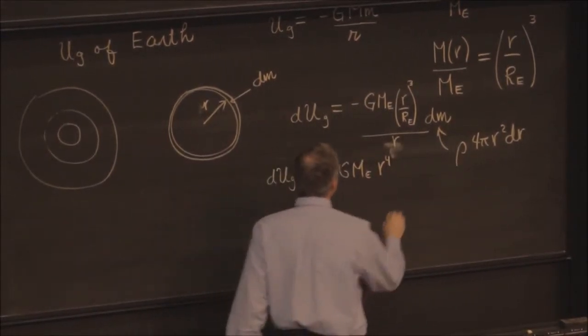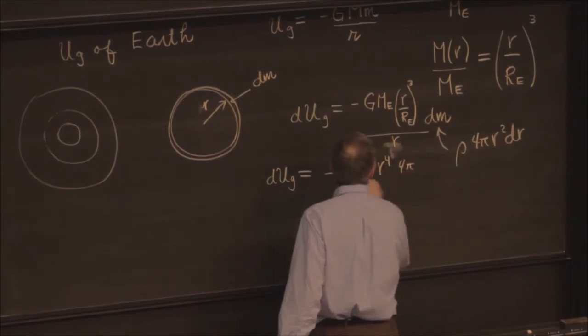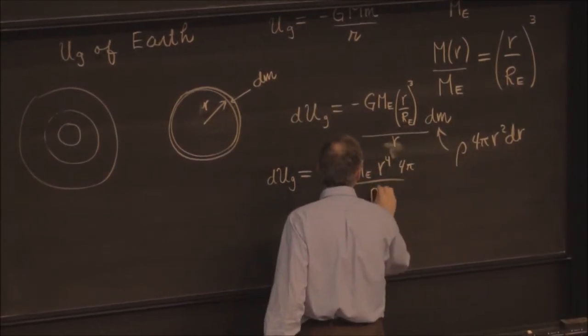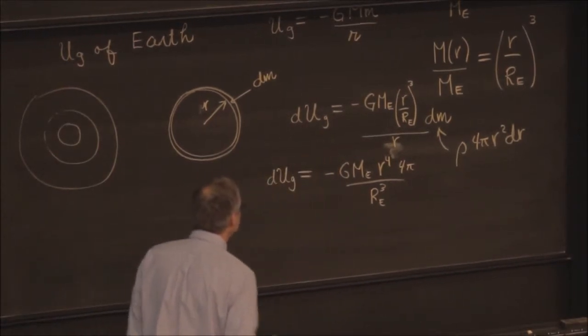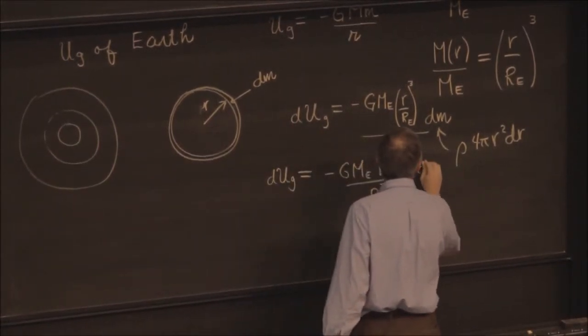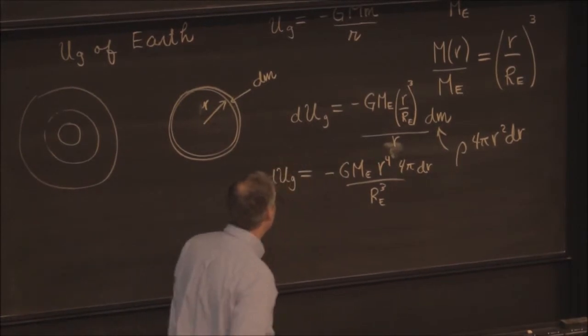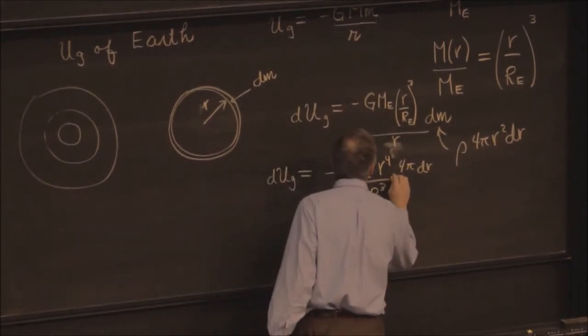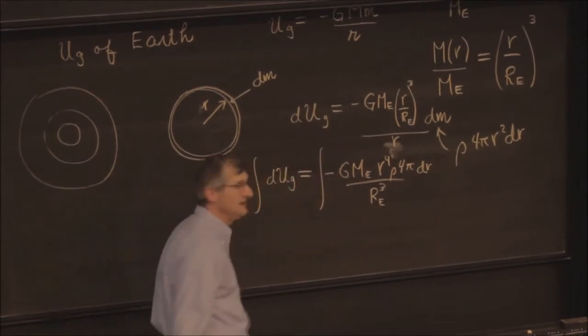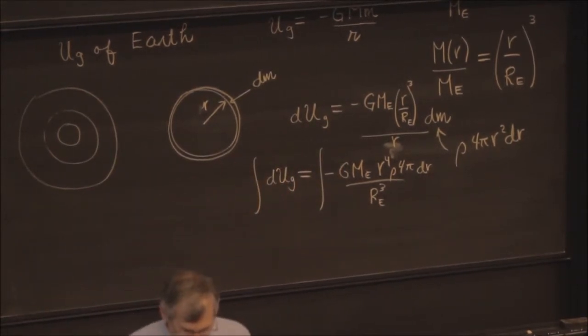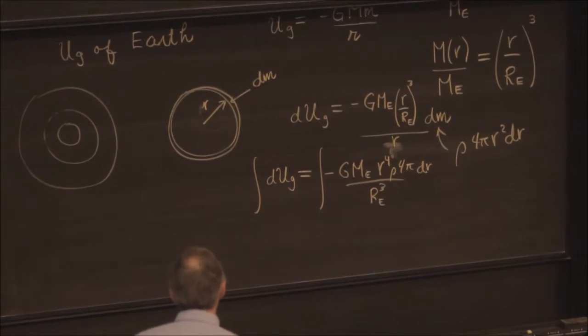And we have a 4 pi. We have 3 R sub e's in the bottom. And we have a dr. And a rho for good measure. Okay, so this is what we're going to integrate. What are the limits? 0 to the radius of the Earth.